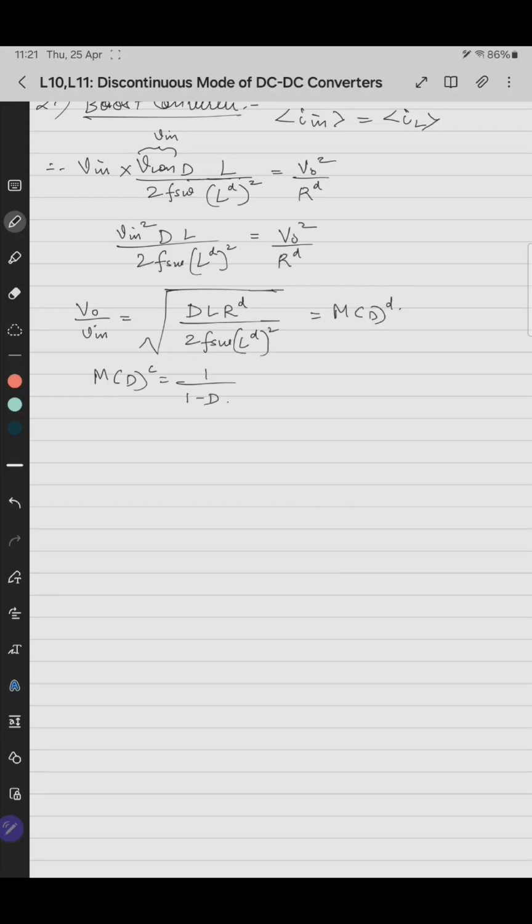So the only reason for a boost converter to operate in DCM is insufficient inductance and not the minimum load. In this expression, RD is always greater than R minimum, and R minimum was the R which we already derived in the previous lectures. So we can assume that RD equals R, which is for CCM.